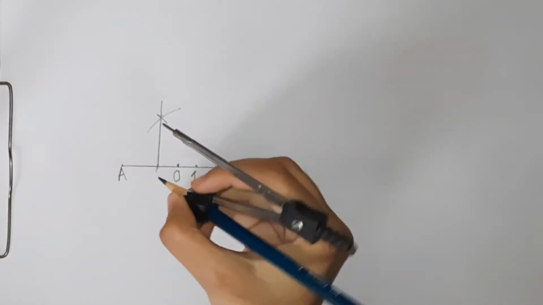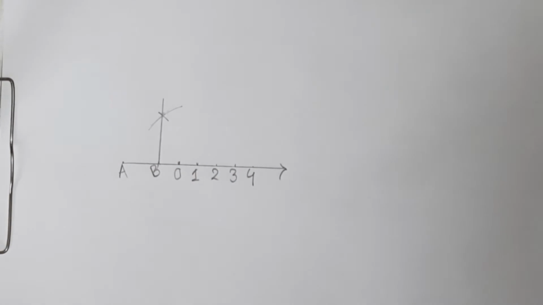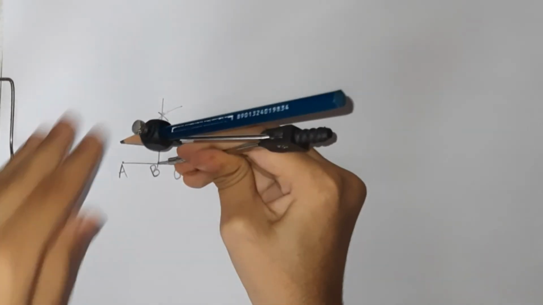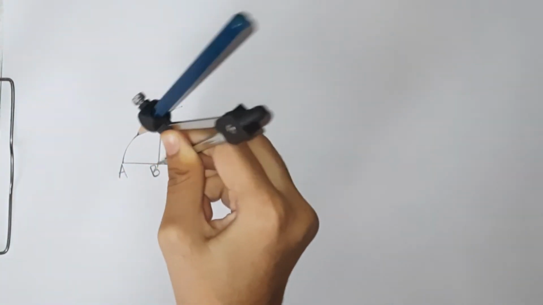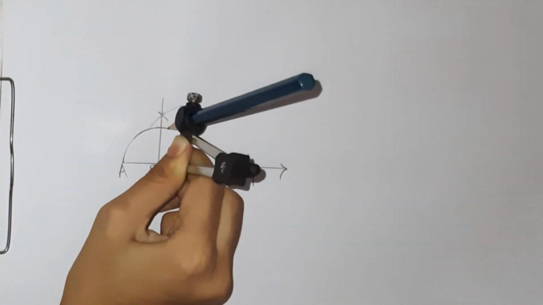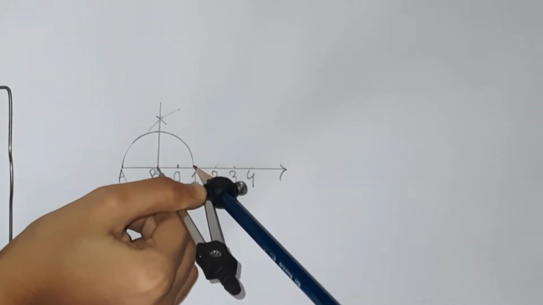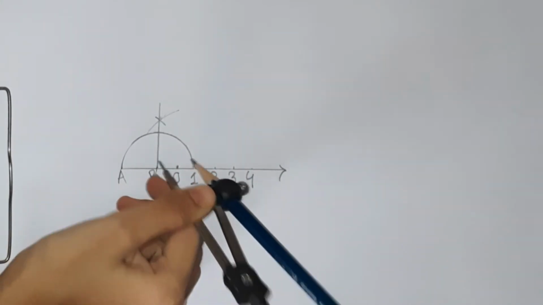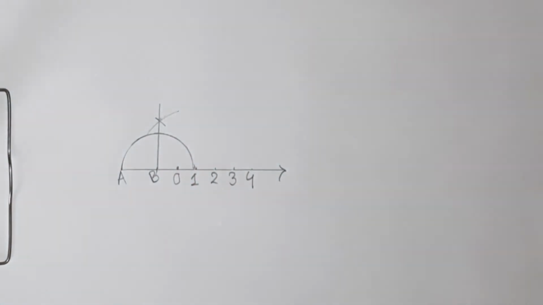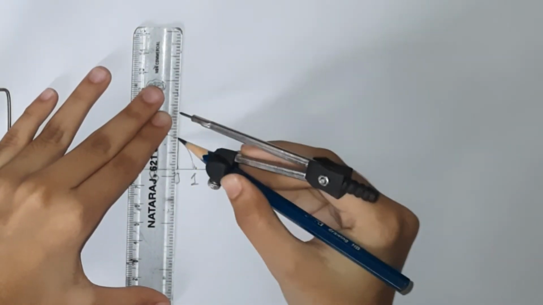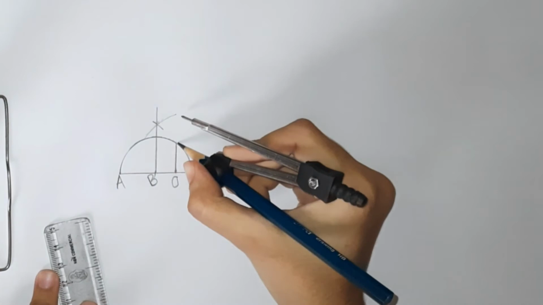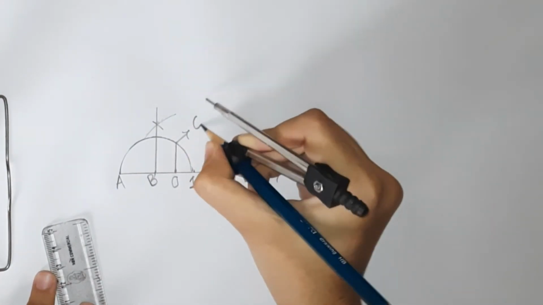Let's name it as B. Then we'll make a semicircle by taking B as the center. After making the semicircle, we'll draw perpendicular to this 0. With the help of scale also directly you can draw. And name this point as C.